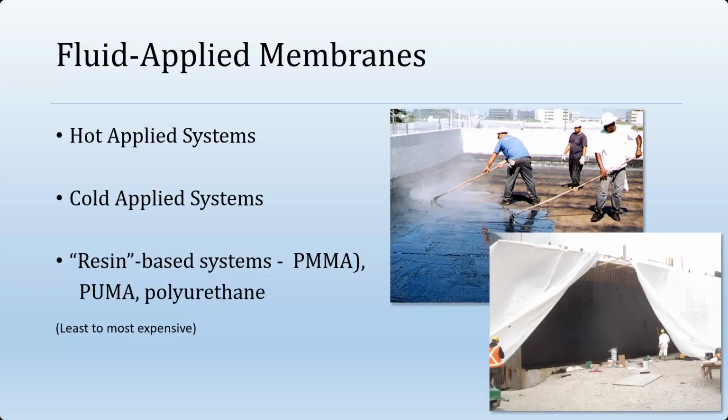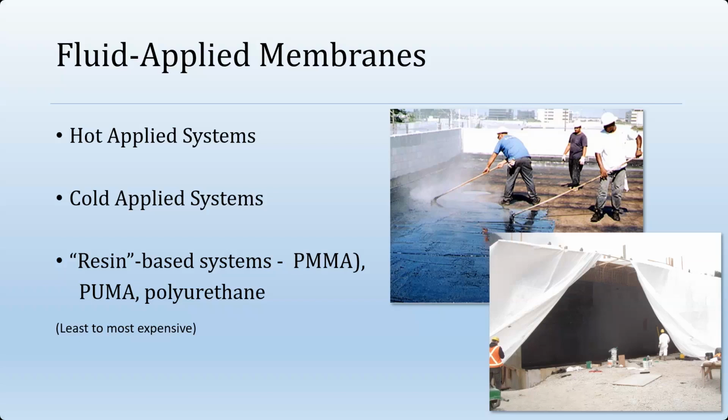I present this PowerPoint a lot, and it's interesting that a lot of people are still really unfamiliar with these types of systems, even though PMMAs were developed, I believe, in the mid to late 1960s, and their newer version, the PUMAs, were developed roughly about 25 years ago. PMMA stands for polymethyl methacrylate, and PUMA is a polyurethane methyl methacrylate.